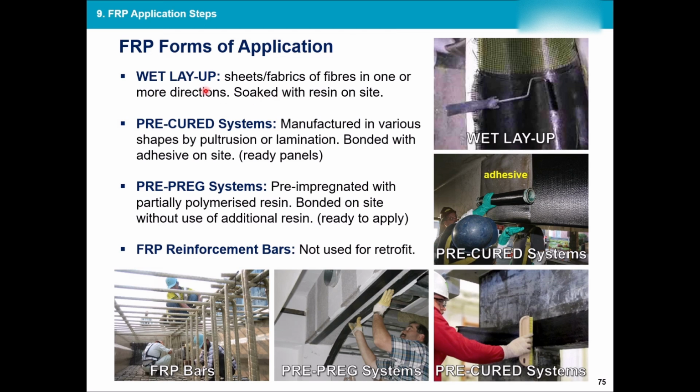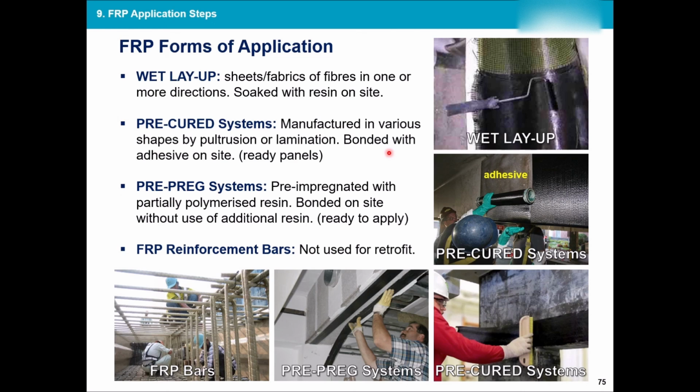Wet layup is a situation where you have the fiber sheets, you take them on site, and then you soak them with resin on site. So everything is separated and everything is done on site. The pre-cured one is when you have the sheets, so the fibers and their matrix are mixed.